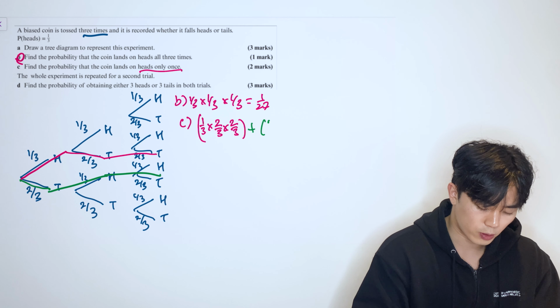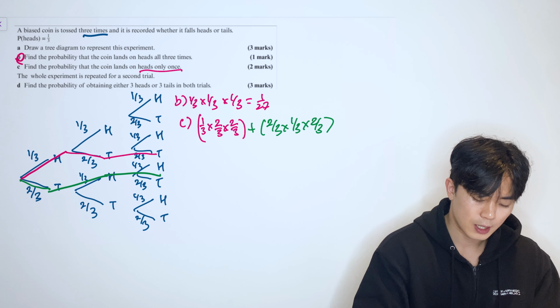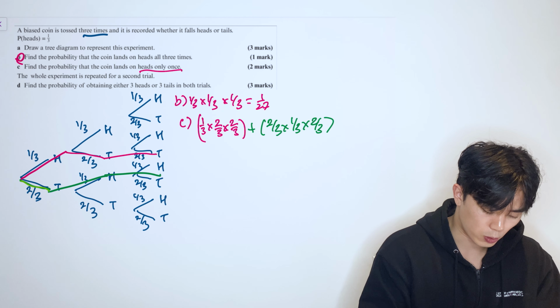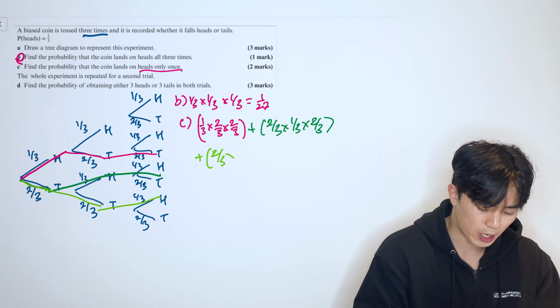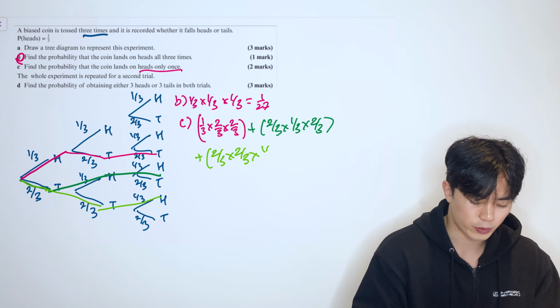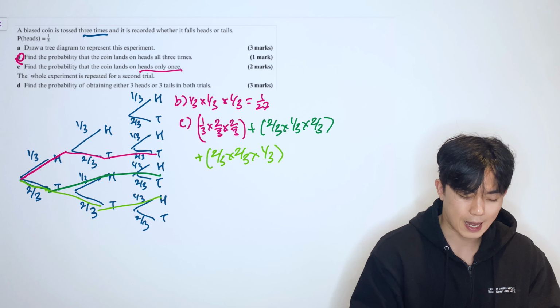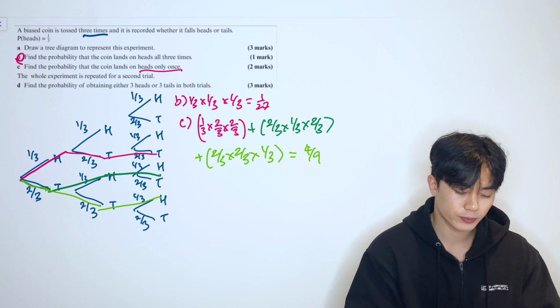So it'll be 2 over 3 times 1 over 3 times 2 over 3. And lastly, he can go for maybe tails on the first one, tails on the second one, and then heads on the last one. So we're going to be adding 2 over 3 times 2 over 3 times 1 over 3 like this. And we have 3 different routes, so there's 3 different terms we're going to add together. And so therefore, this will give us 4 over 9, like so.